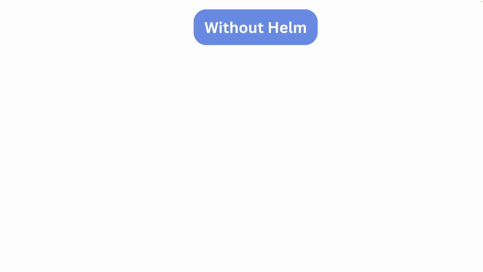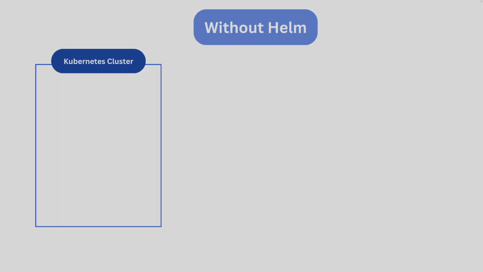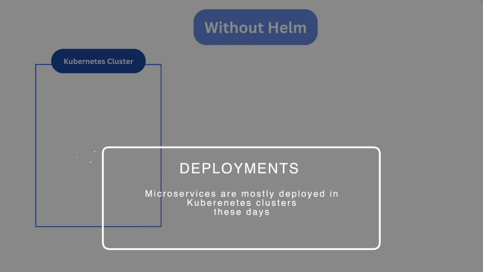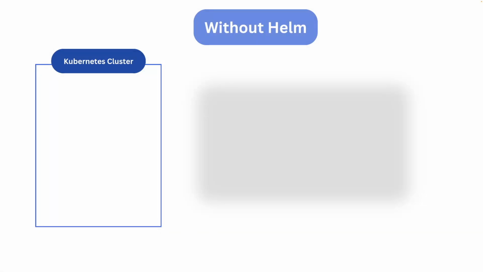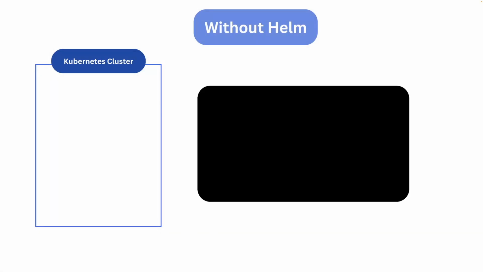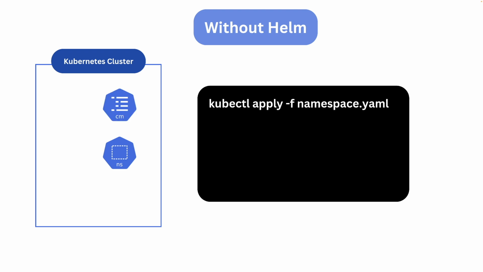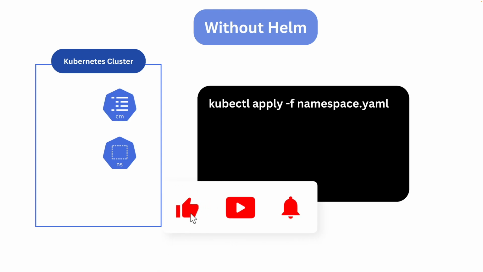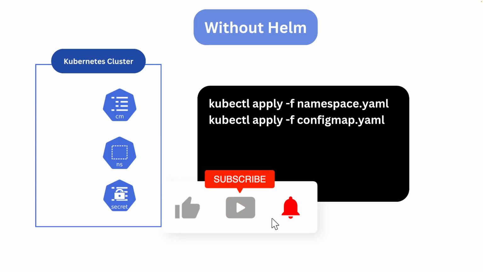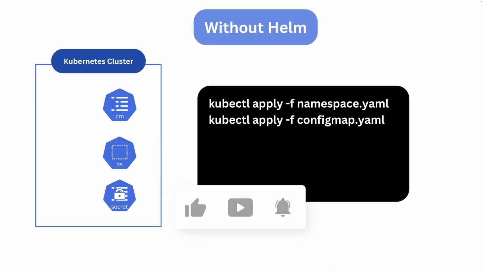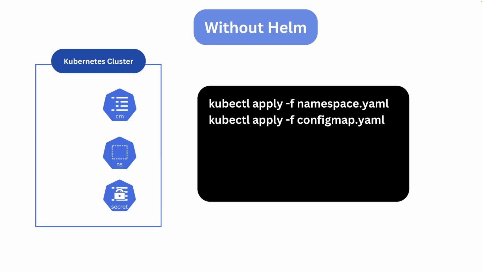Okay, so without Helm, when you are deploying your application, basically you're going to use kubectl, right? And then you're going to need different resources along with deploying your actual application, right? For example, you need a namespace, you need a config map where you put your application configuration, you need a secret object. If you actually use some credentials for your application, you need to put that in your secret object.